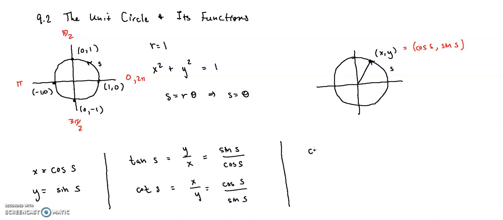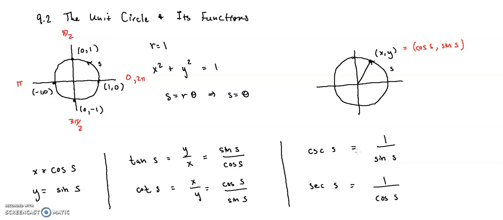And then you've got cosecant and secant, the reciprocals of sine and cosine. So I remember this as the letters being opposite. Cosecant goes with sine, and secant goes with cosine.